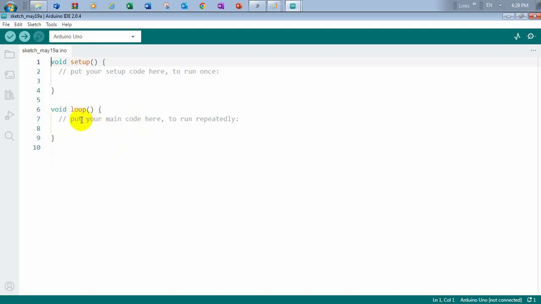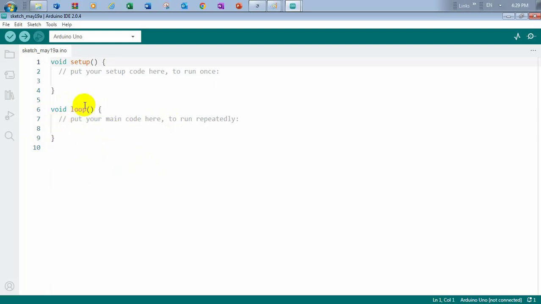So what happens? It does instruction number 1, then follows the second instruction, the third, and the fourth, then goes back to the first instruction and does it again, and does not stop. It repeats in a loop.